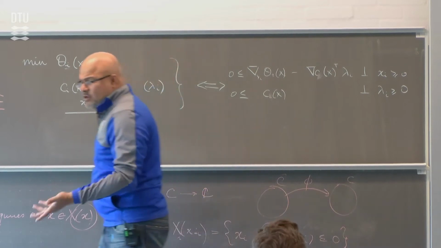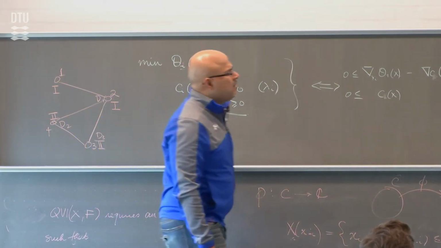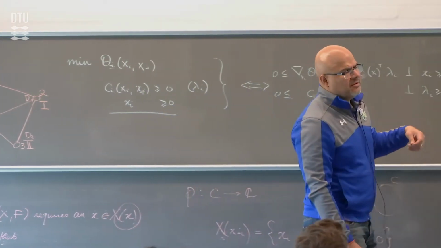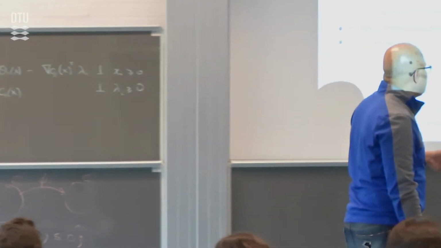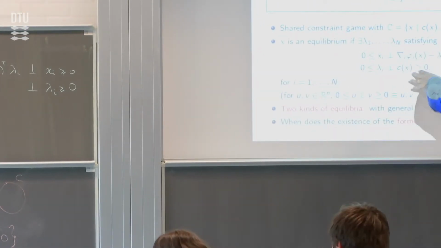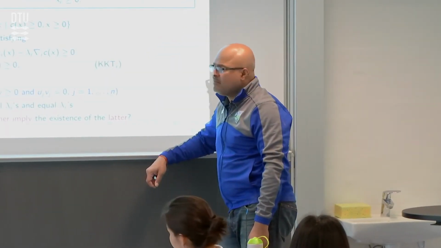Okay. So when you write down the equilibrium conditions, each player is going to have her own Lagrange multiplier lambda i, which represents the dual variable corresponding to c of x non-negative. Okay.